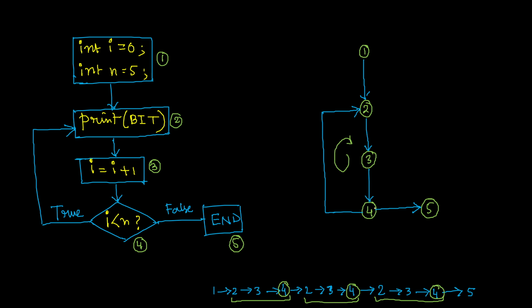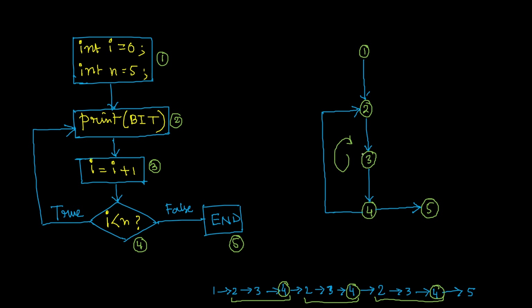Among these 2, 3, 4, the first node that we get in the loop is 2. Obviously after 1, 2 will come, but 2 does not contain any condition. Since 2 does not contain any condition, node number 3 will obviously execute without any condition for the first time. Then the condition will be checked, and if the condition is true, only then it will go for 2, then for 3 and so on.